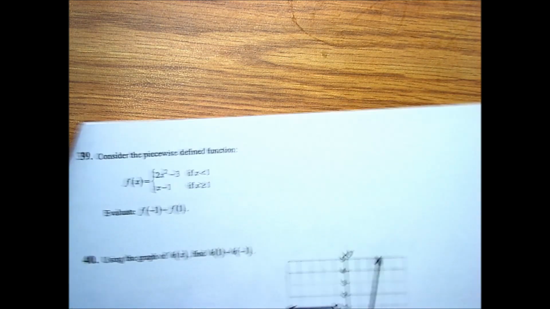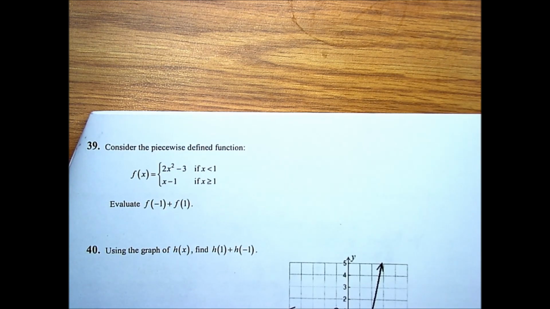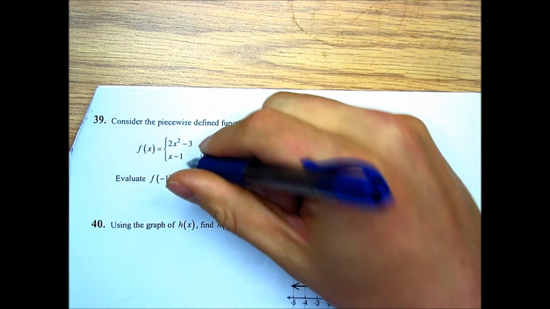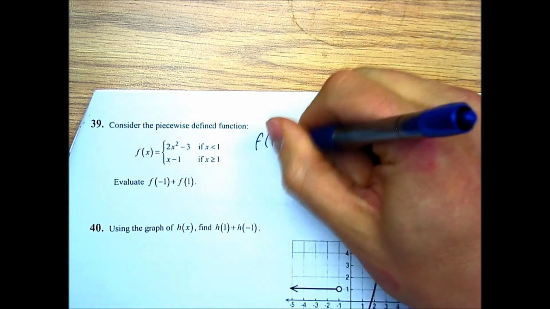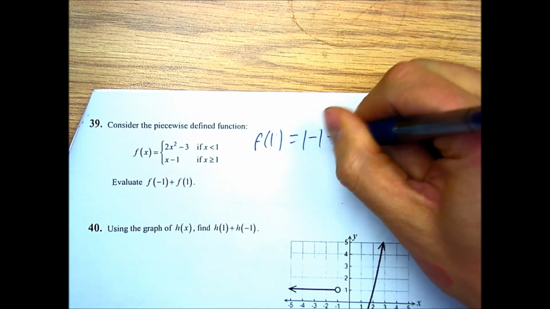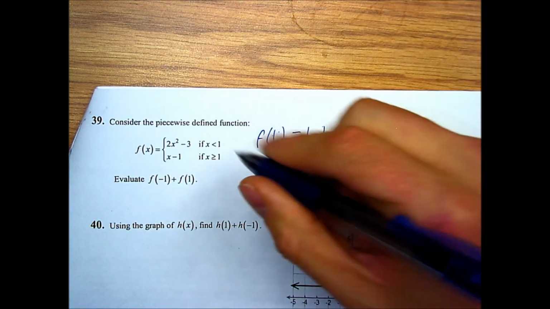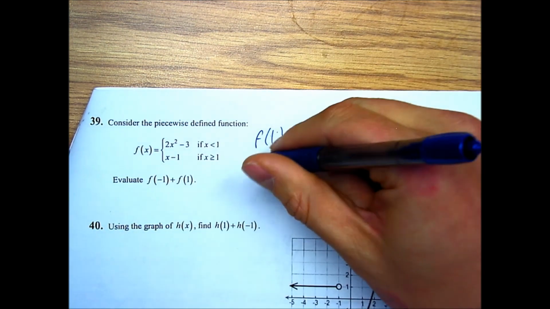Question 39. Consider the piecewise defined function. Evaluate f of negative 1 plus f of 1. So when we put 1 in for x, it should go into the bottom function. So f of 1 is equal to 1 minus 1, which is in fact 0. When I put negative 1 in, it should go into the top function.